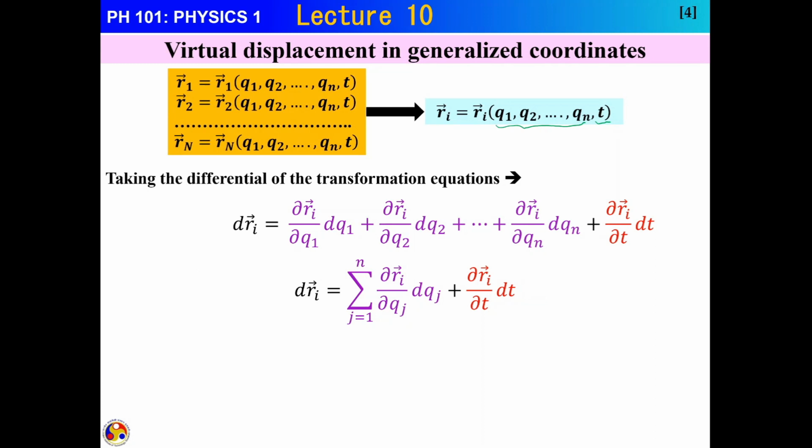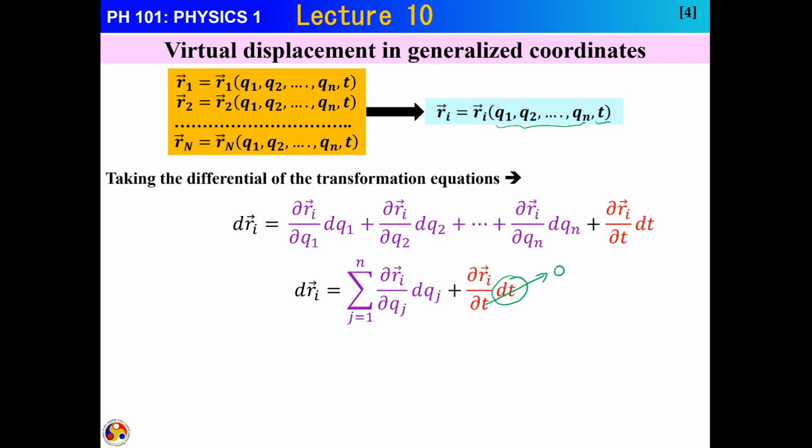Now we are going to impose a condition saying that for the virtual displacement, the time is frozen. There is no change in time because this displacement is very infinitesimal or imaginary, such that the time involved in this is 0.